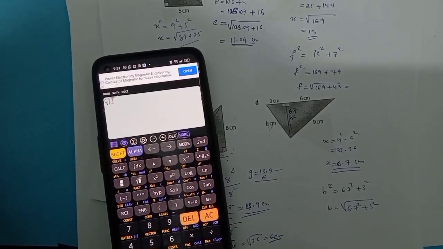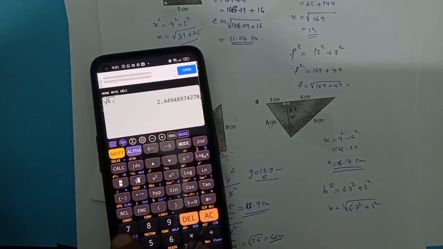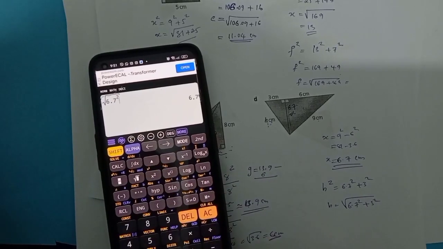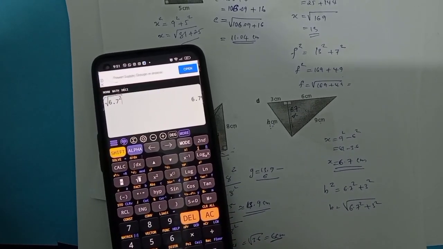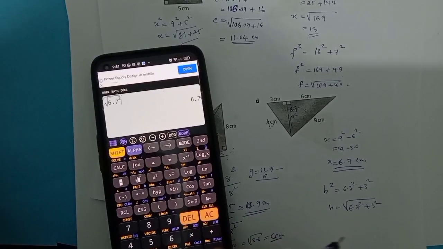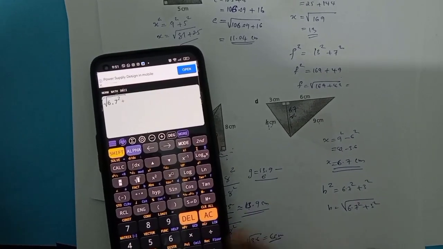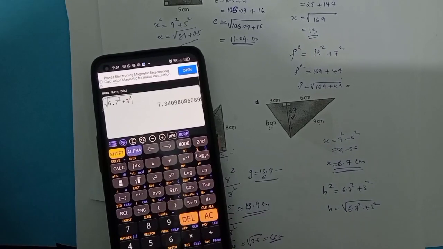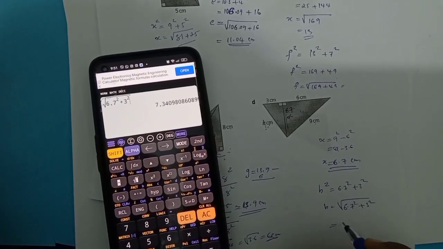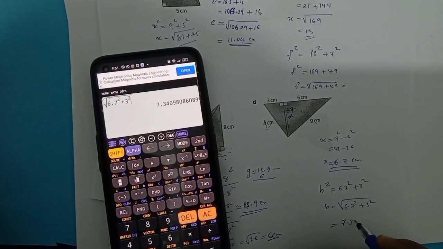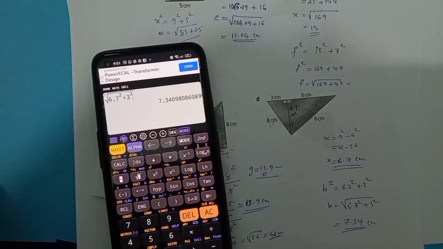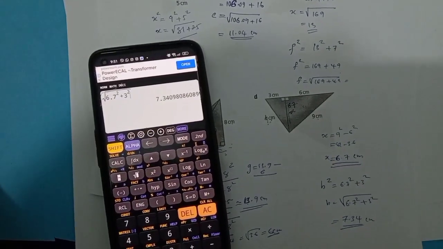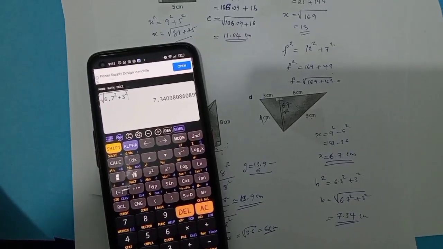Root of 6.7 square, sorry, plus 3 square. So the answer is 7.34 centimeter. Clear? Okay, so this is the Pythagoras theorem.